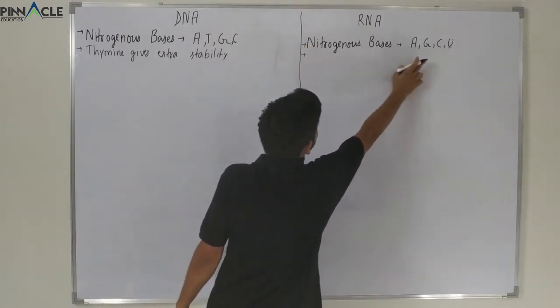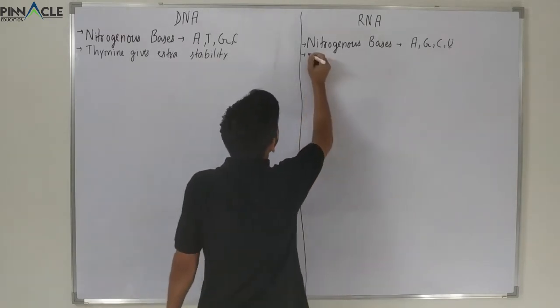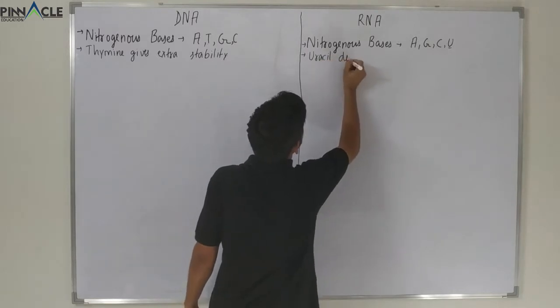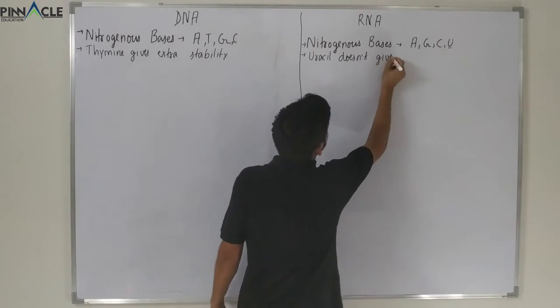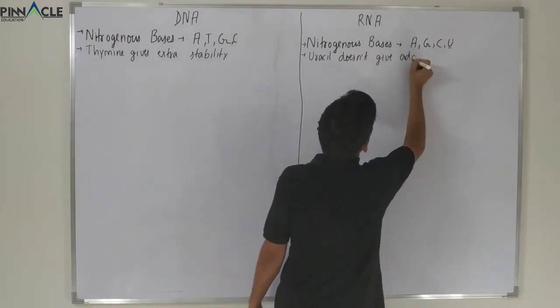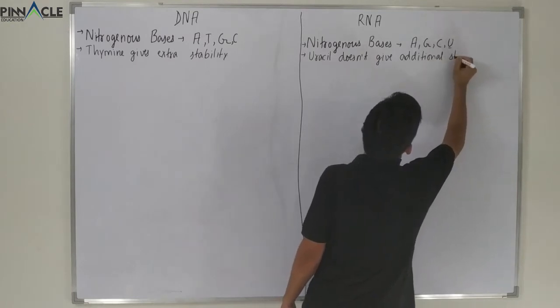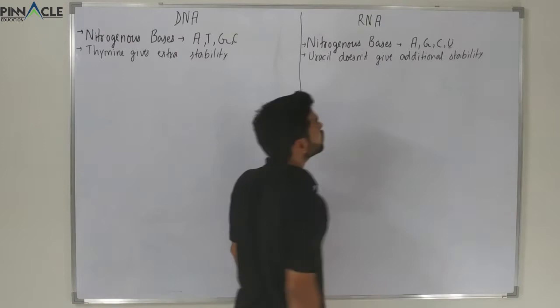Here, this uracil does not give any additional stability to RNA. So these are the two differences.